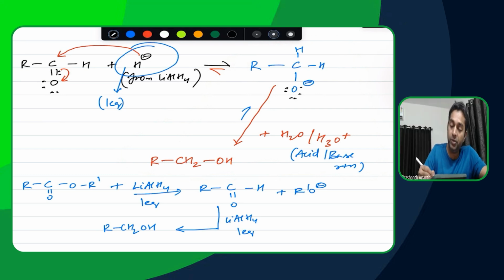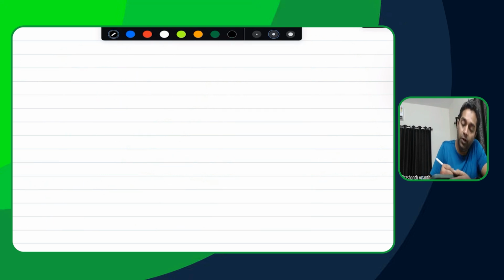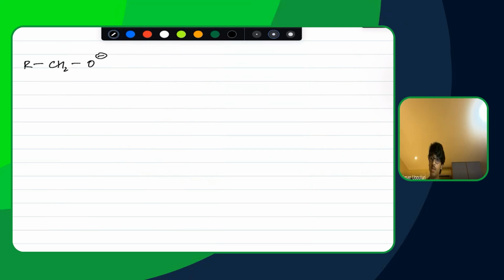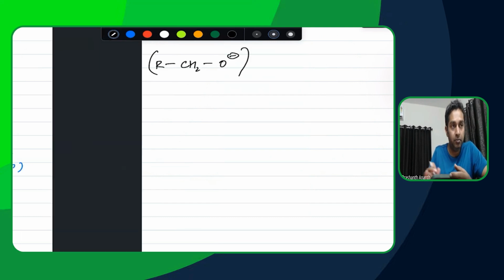Let's call this species 2. Let's observe it a little bit more closely in the next page. So we're going to be having RCH2O minus, correct? Yes, sir. It has now currently formed by the attack of H minus on the aldehyde, correct?